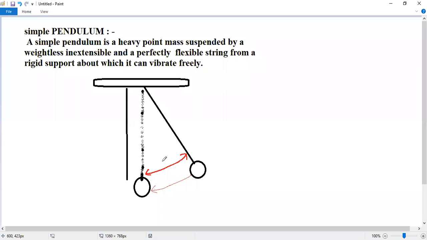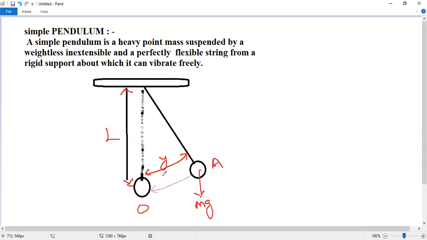For this, the total length up to this point is L. This is A. From the center O, the force, that is the weight, acts in the downward direction: mg.